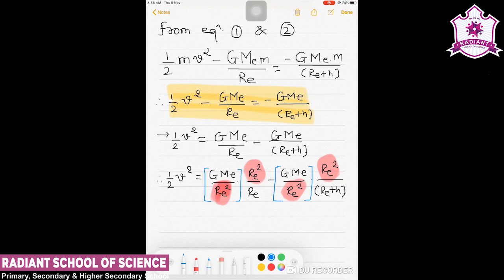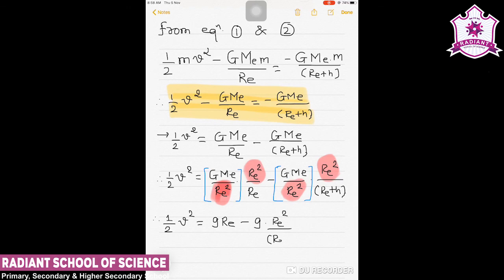So we have a new term: 1 by 2 v square is equal to g into Re, because we have the term of gravitational acceleration and one Re cancels, minus g Re square over Re plus h.